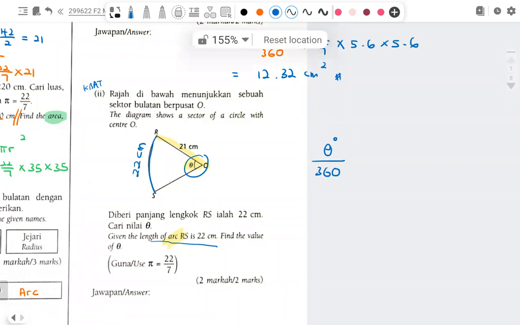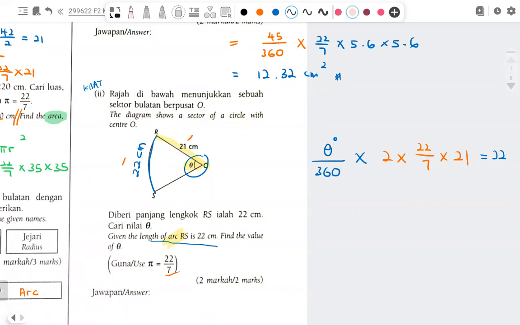Arc is part of circumference, 2 pi r. So angle over 360 times 2 times pi times radius equals 22 cm, because the length of the arc is already known, 22 cm. Then we have managed to form the equation already.